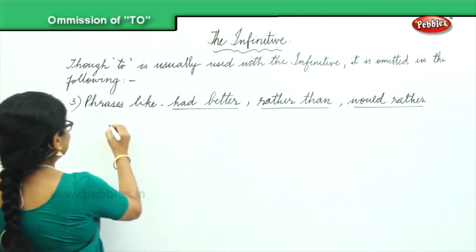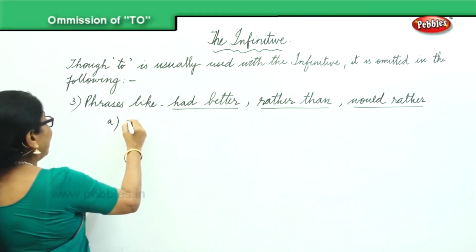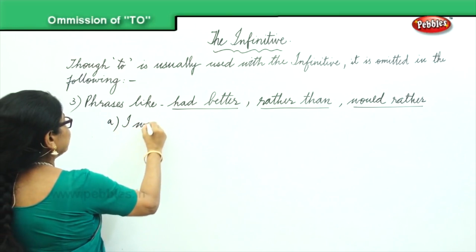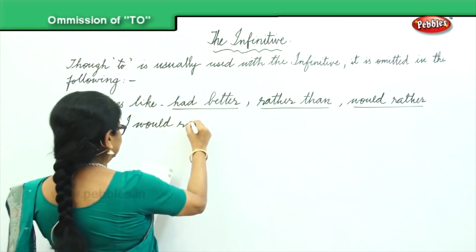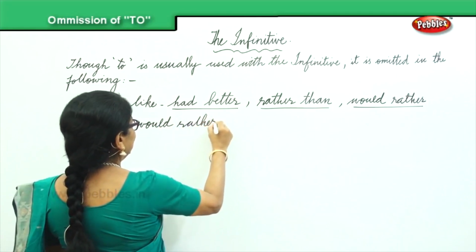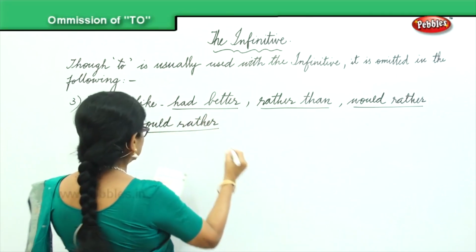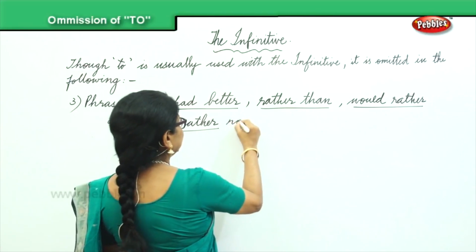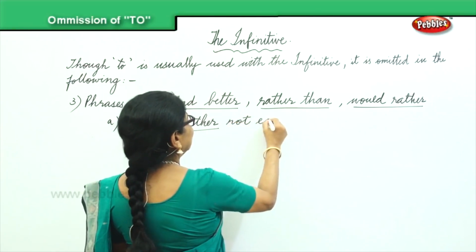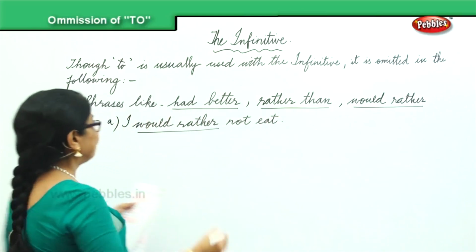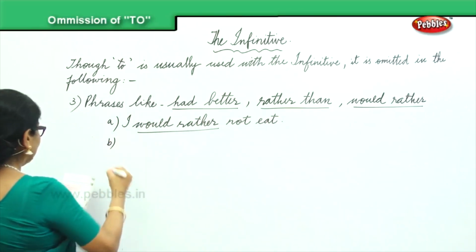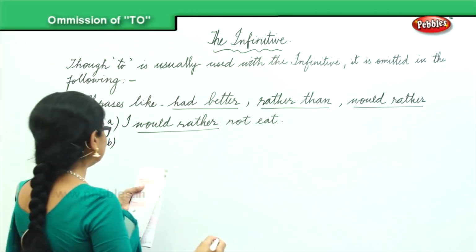Now let's look at sentences. Okay. I would rather not eat. I would rather not eat at all. Okay? Another one. Had better.